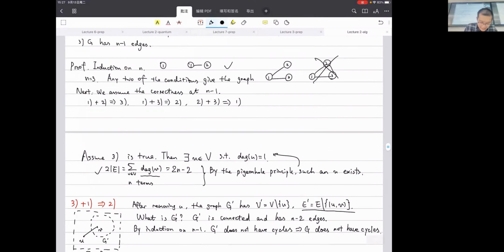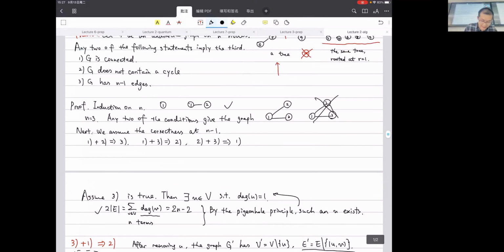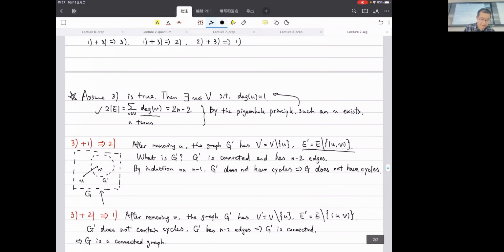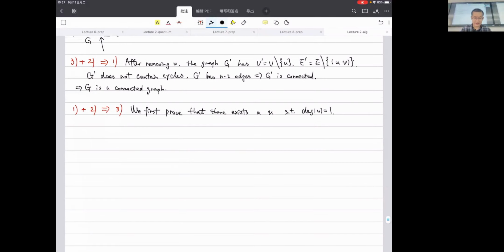But keep in mind that the assumptions we have are that G is connected and G does not contain a cycle. We don't have an argument on the number of edges here, so we cannot directly use that argument. But we are going to use the graph properties, connectedness and acyclicity, to imply that there must exist such a U.